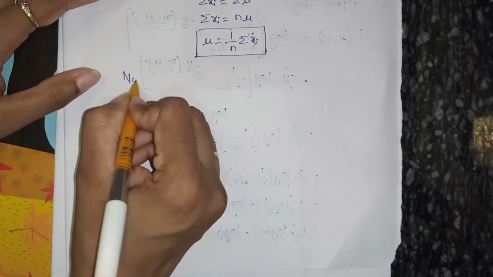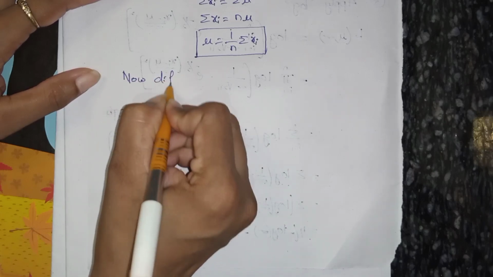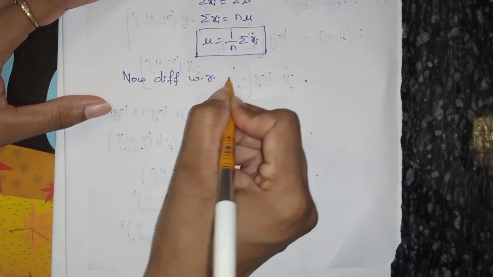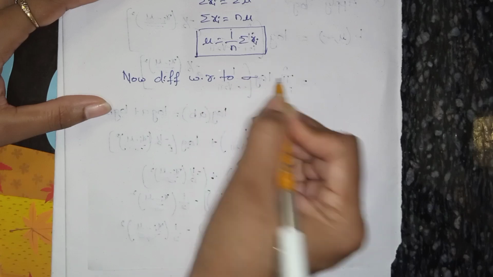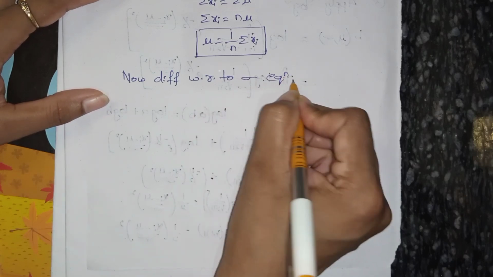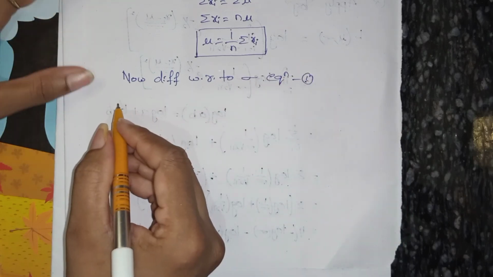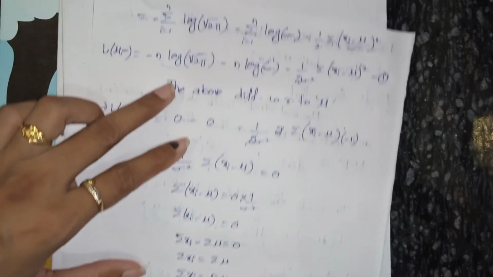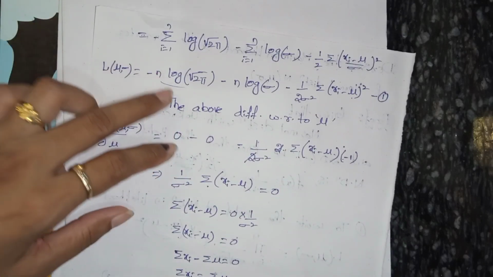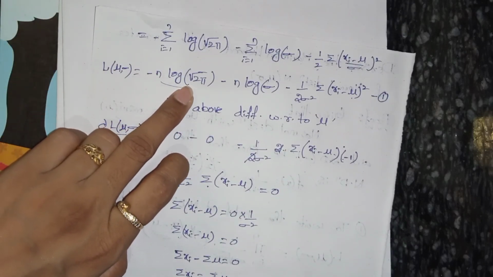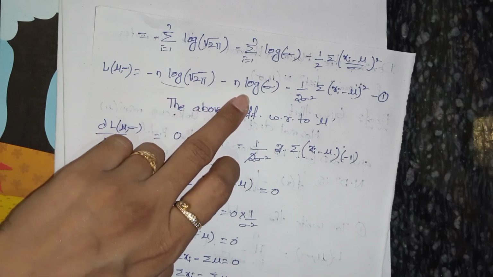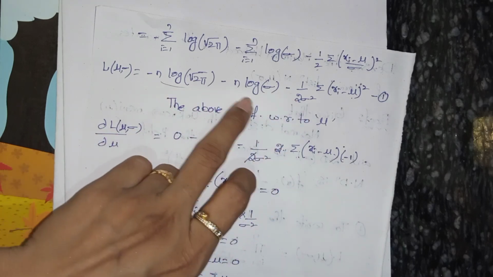So now differentiate equation 1 with respect to sigma. Partial differentiation. So here the sigma term is not there, so this is 0. And here the sigma term is there, and here also we are having the sigma term.